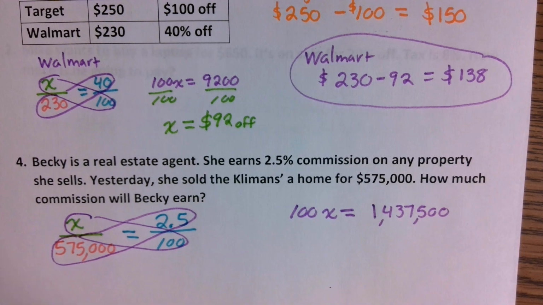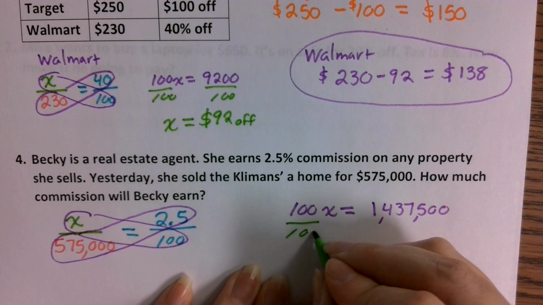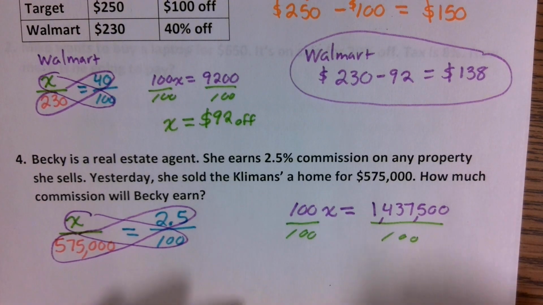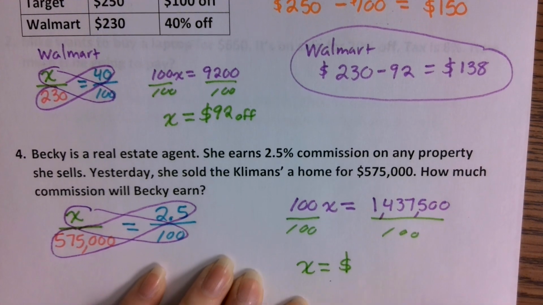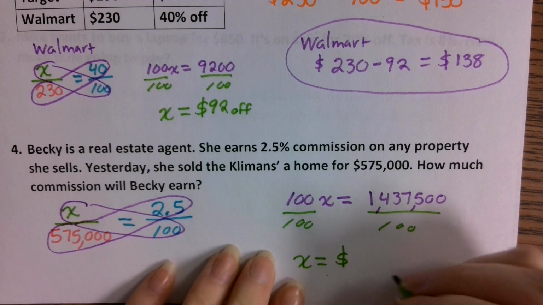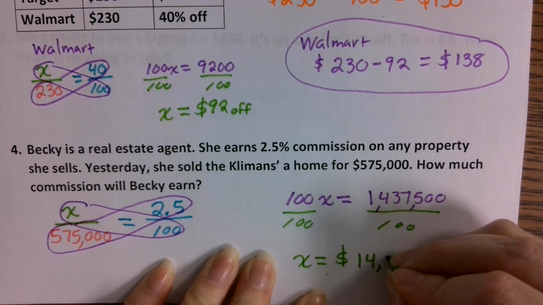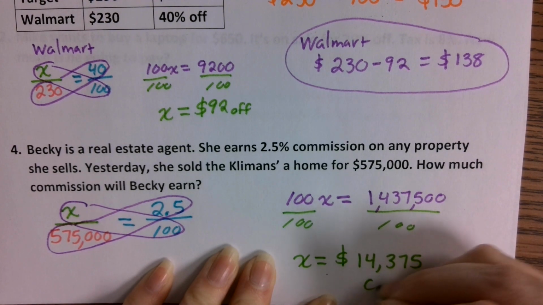That comes out to 1,437,500. And then we just divide it by 100. So her commission, how much money she makes from being the real estate agent on that home, is $14,375.